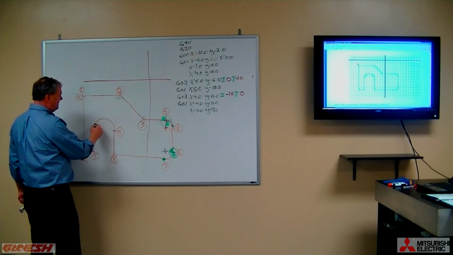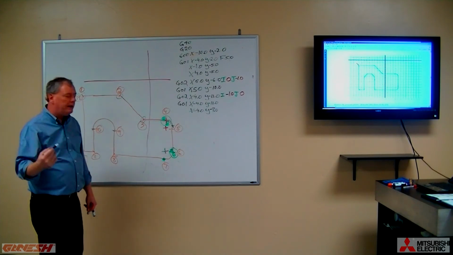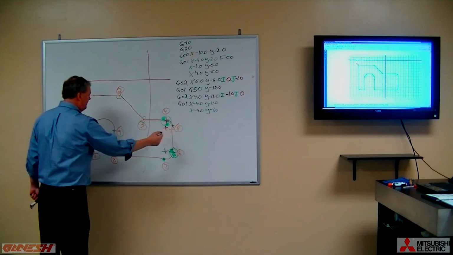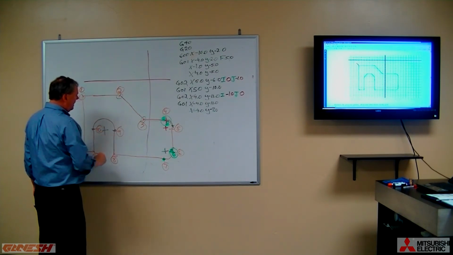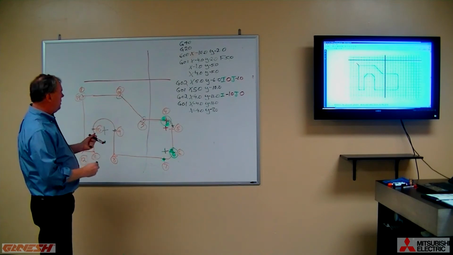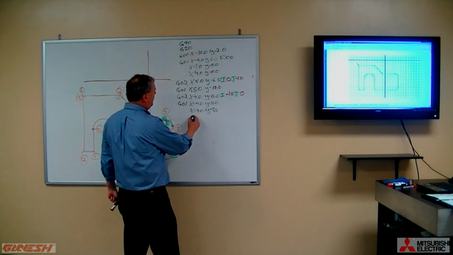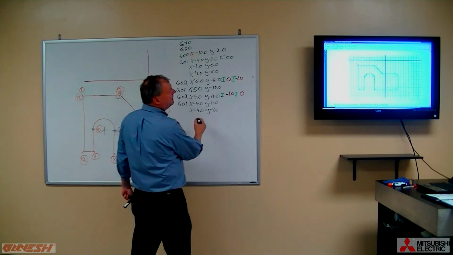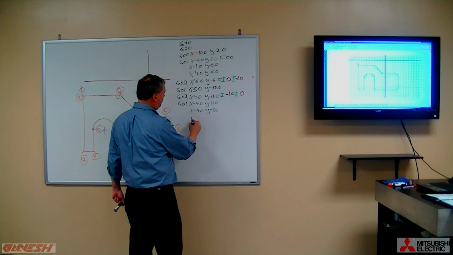Notice that this happens to be a 180-degree arc, but you still do it the same way that you did the 90-degree arc. So we're sitting right here right now, and let's write down the x and y coordinate of where we want to go. So point number 10 is going to have an x coordinate of minus 8.0.